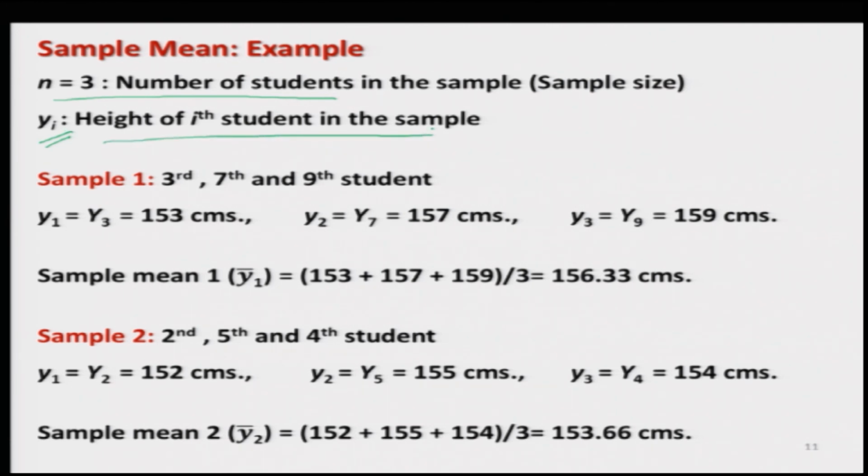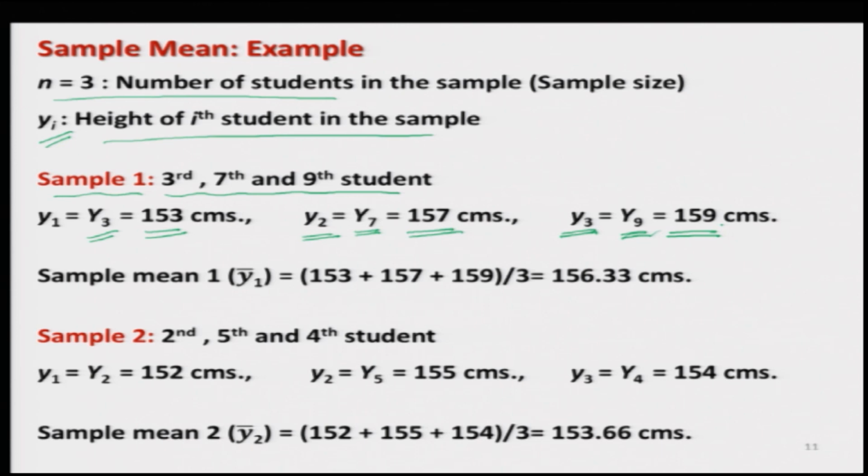Suppose I draw 3 possible samples. Sample 1 comes out to be the 3rd, 7th and 9th students. So small y1 is the height of the 3rd student, which is 153, the second value in the sample is the 7th value in the population, which is 157 centimeters, and the third value in the sample is the 9th value in the population, 159 centimeters.